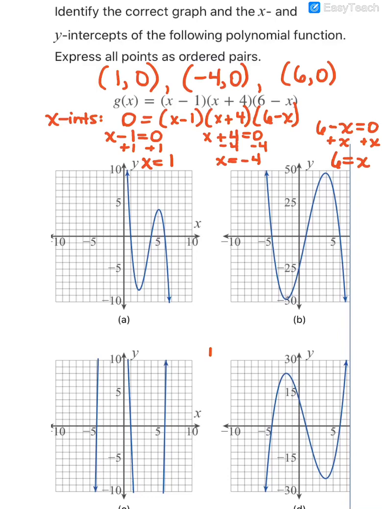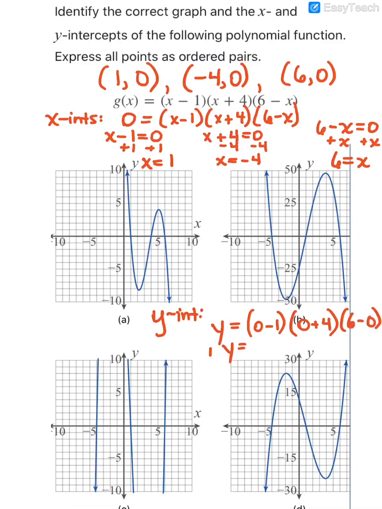Okay, so then next, if we look for the y-intercept, that's where we let our x be 0. So again, in place of that g of x, I'm just going to put the variable y. And in place of all the x's, I'll plug in a 0. So I'll get a 0 minus 1 times a 0 plus 4 times 6 minus 0.